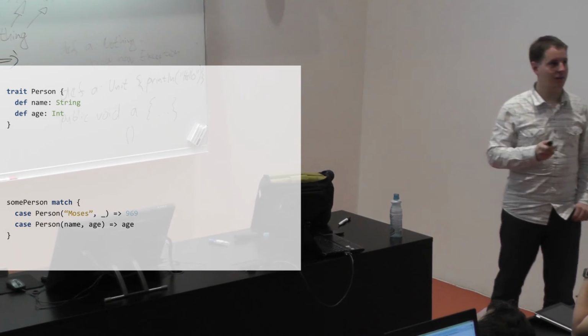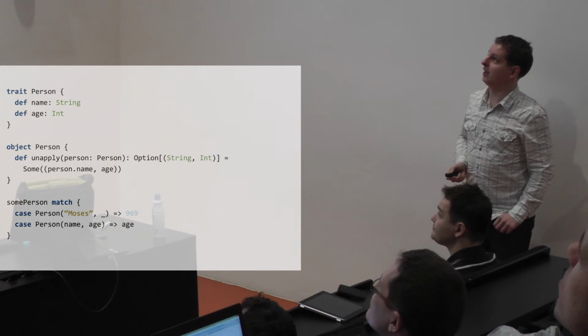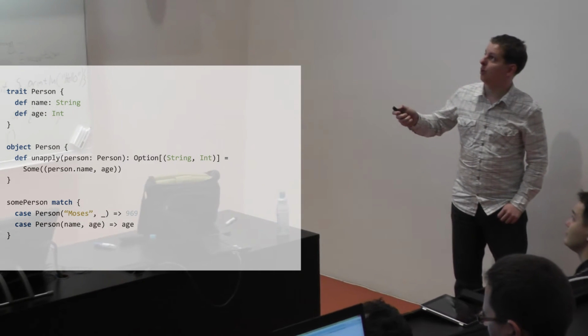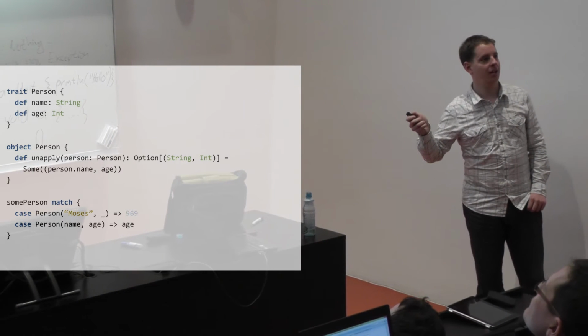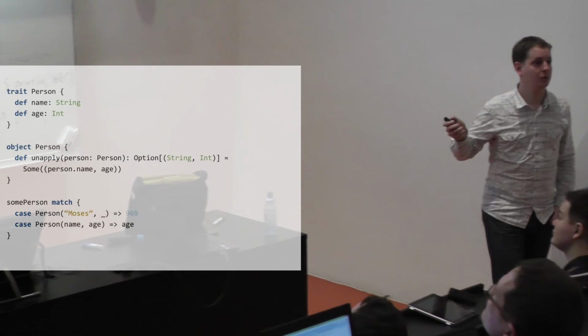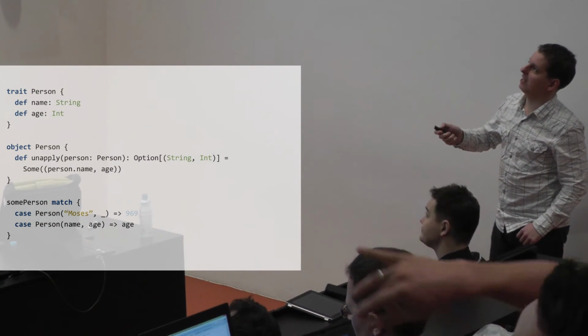And there is a way to achieve it, and it's called an extractor. And it's done like this. You define an object with some name. I have chosen the same name as the trait, but I didn't have to. I could have chosen another name. And I define an unapply method.